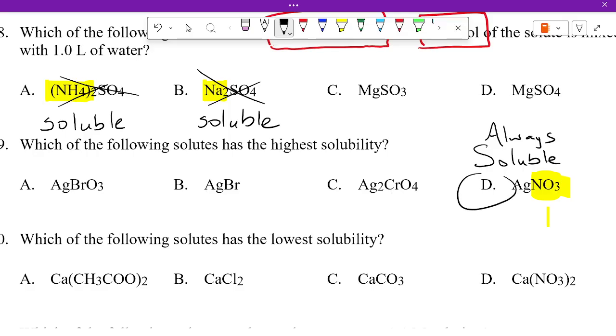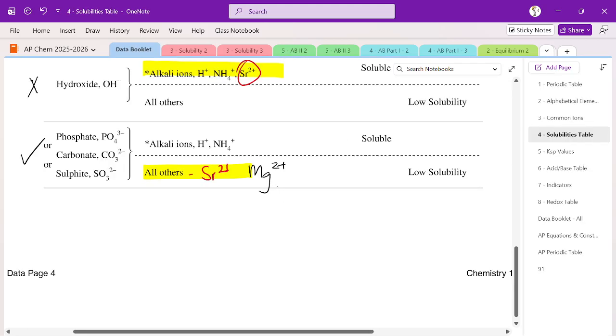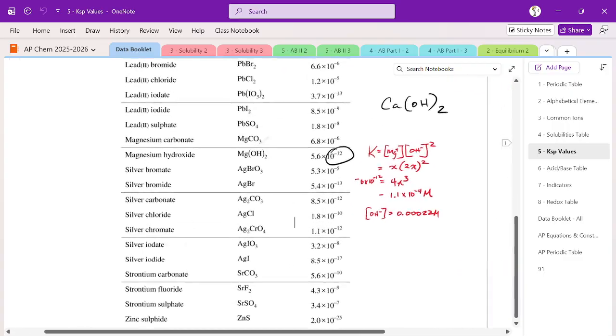We could probably go on our chart and look up silver bromate, bromide, and chromate. Let's go check and see if they're on the KSP table. But I would bet you anything they are. And if they're asking about highest solubility, you can always go with your nitrate salt or your alkali salt or your ammonium salt. But let's go check anyway, just to make sure. We had silver, bromide, bromate, and chromate.